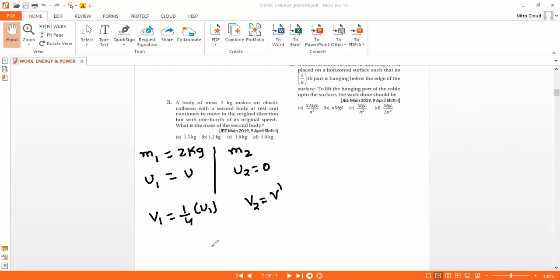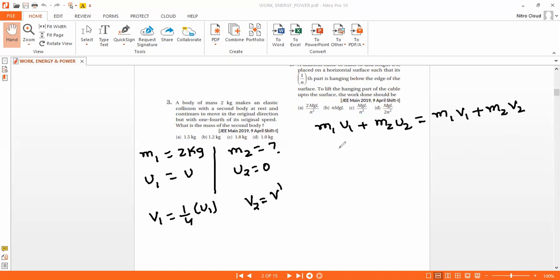Now I need to find the mass of the second body. Since it is an elastic collision, I can write M1 U1 plus M2 U2 is equal to M1 V1 plus M2 V2.